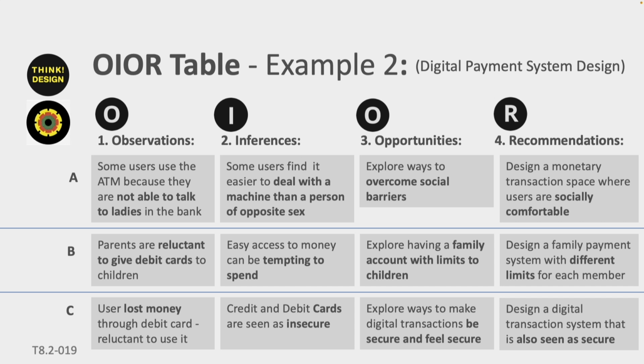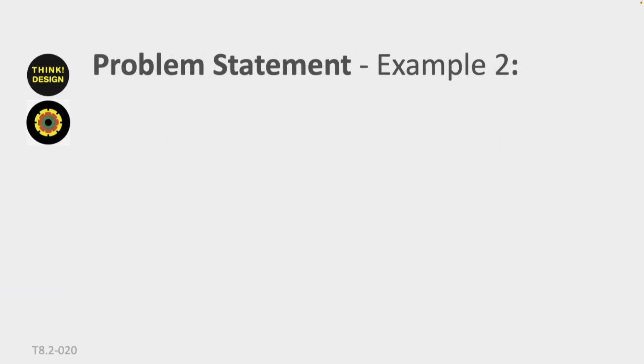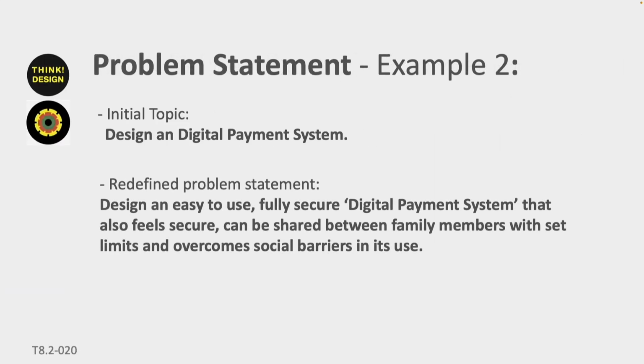Now we come back to the same thing. You started with the problem. So now can we actually redefine this problem statement? So let's have a look at it. The problem statement was design a digital payment system. Now after having done all these studies, both research and analysis, you can state it as design of an easy to use, fully secure digital payment system that also feels secure, can be shared between family members with set limits and overcome social barriers in its use.